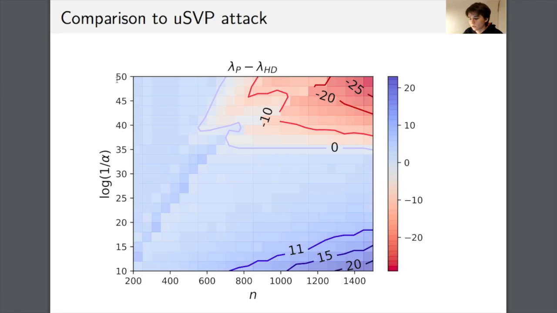The color map shows the difference between the bit complexity of both attacks. We see that most of the time the attacks give similar results, but there are regions where one is better than another. So, for example, when noise and dimension are both big, our hybrid attack is slightly better, and for small noise, USVP attack is more preferable.